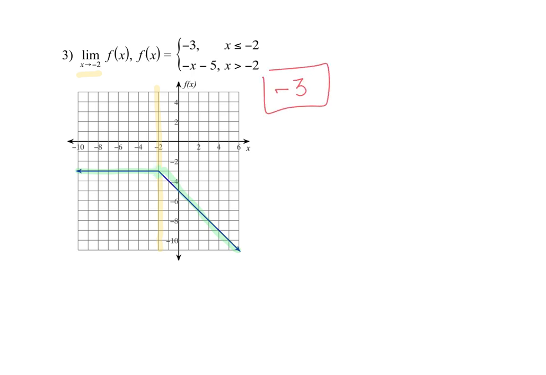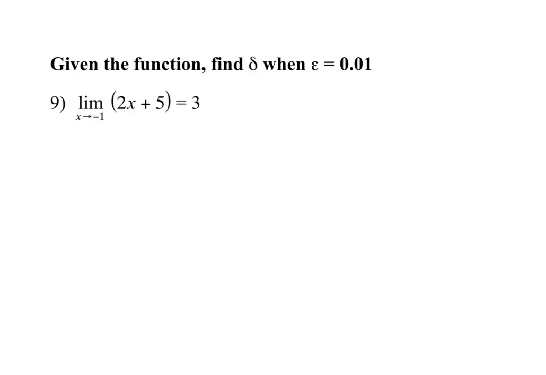That is my answer. All right, for this one, it says, given the function, and they give you a function in the question, find delta when epsilon is 0.01. All right, so the first thing you want to remember is that definition. The definition is that you have some function minus your limit, and that is less than an epsilon.